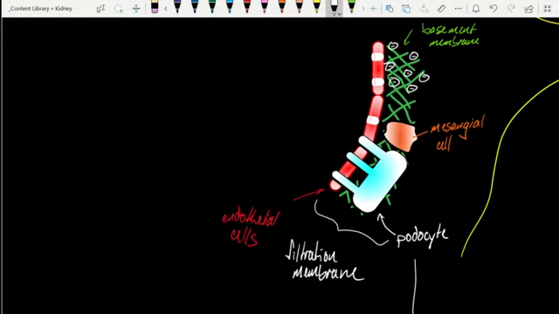But let's finish labeling some of these other structures. Within the endothelials themselves, we see these structures here called fenestrations. Fenestrations are essentially a hole that goes right through the cell membrane, and it has a diameter of about 70 nanometers.